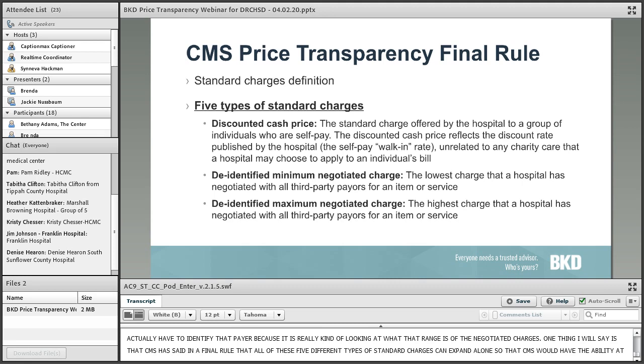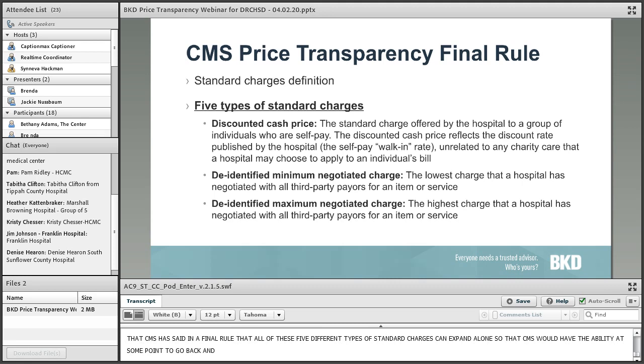One thing I will say is that CMS has said in the final rule that all of these 5 different types of standard charges are kind of just standalone, so that CMS would have the ability at some point to go back and pull out one of these. Maybe they would go back at some point and say, we're not going to require the payer-specific negotiated charge anymore. So they could pull that out, and then the other 4 would stand on their own.